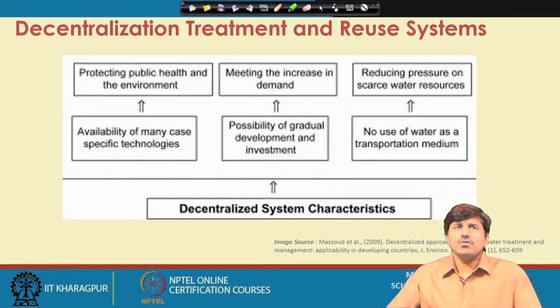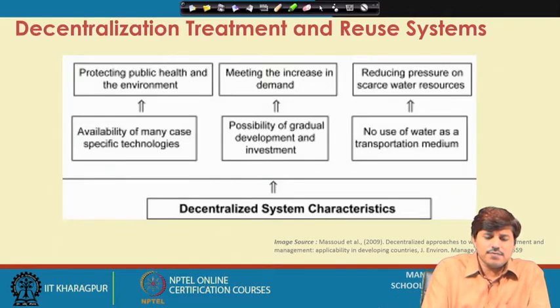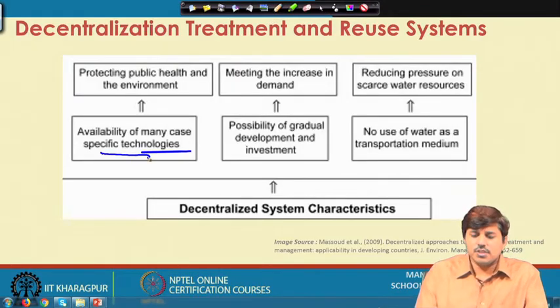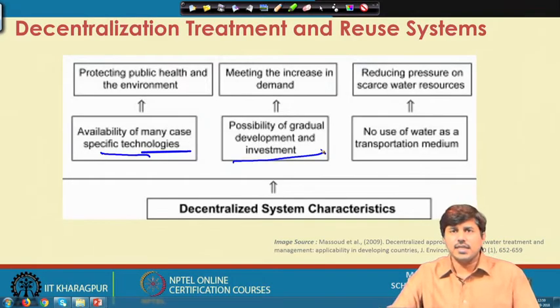So, if we see how these decentralized treatment and reuse systems achieve the goal of treatment and recycling, decentralized systems will have availability of many cases and specific technologies. There is a possibility of gradual development and investment, unlike in centralized systems.